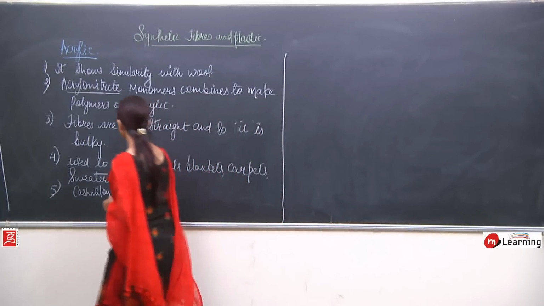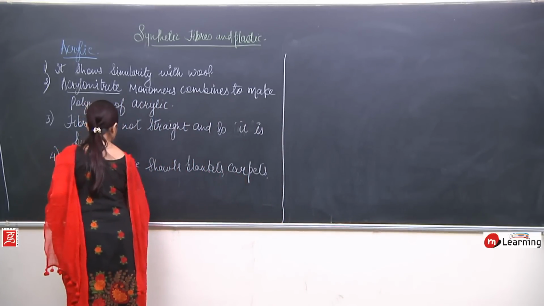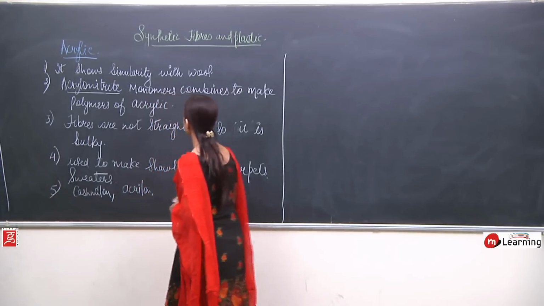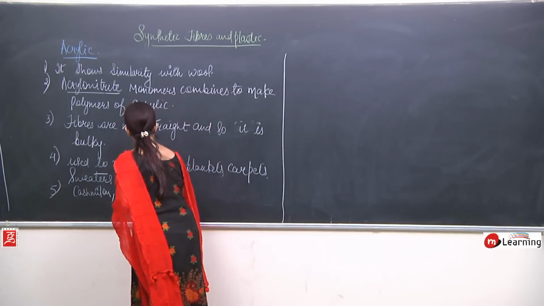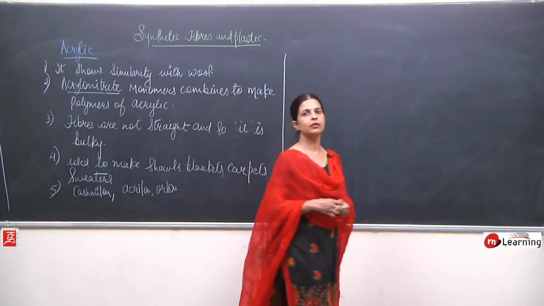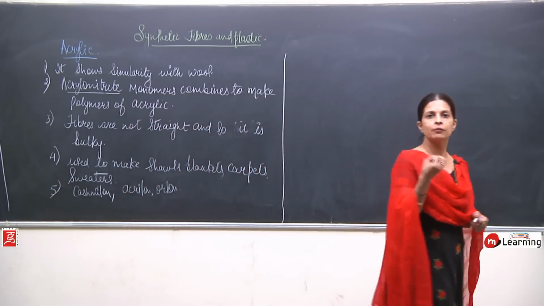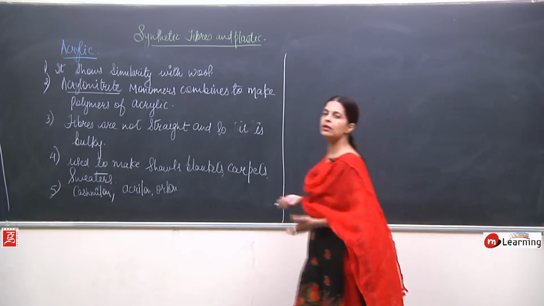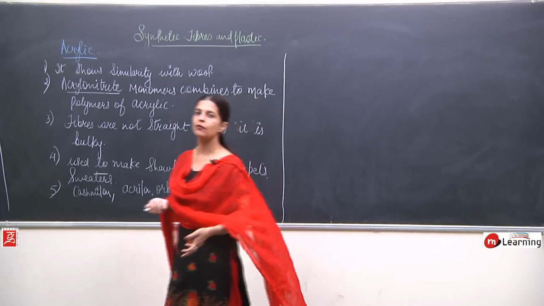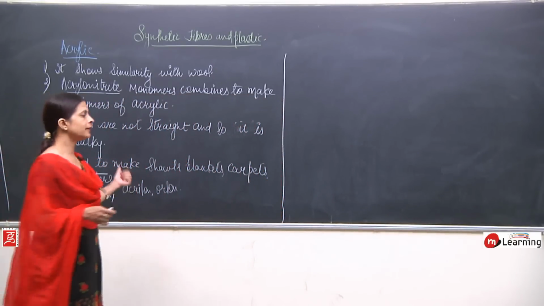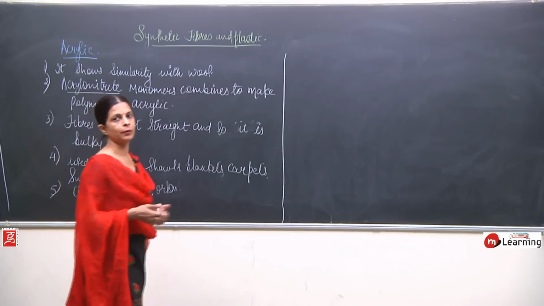Then another one is acrylon also, or lawn. Even this one is very commonly used. All these are made by acrylic, and they are used in many different ways, as we have just discussed. Wherever wool is used, these can replace the wool.